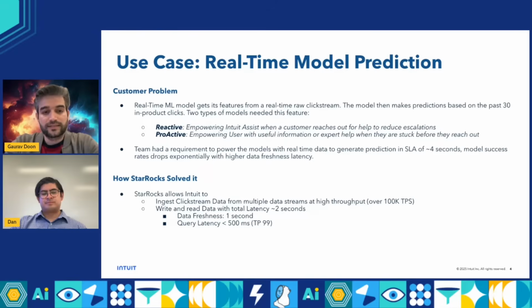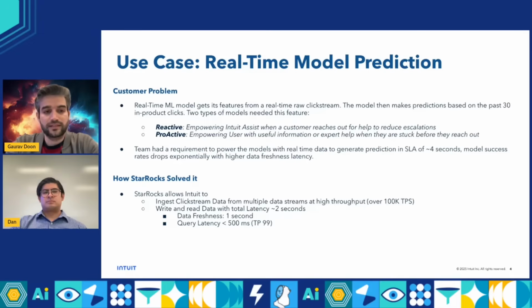So in this case, what we were able to solve was we were able to get the write and the read data total latency of around 2 seconds, where the data freshness was done around the lowest flush rate of 1 second that is supported. We are working to reduce it even further for other use cases that might need it to make it sub-second as well.